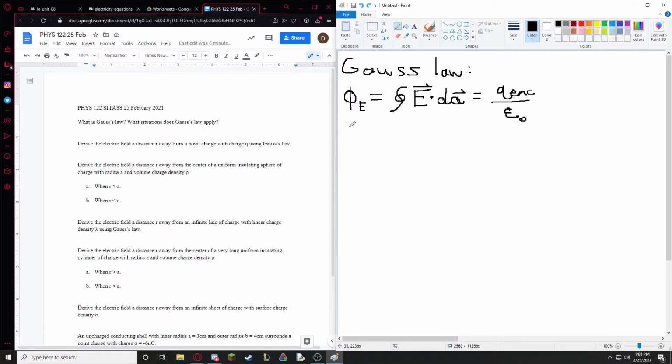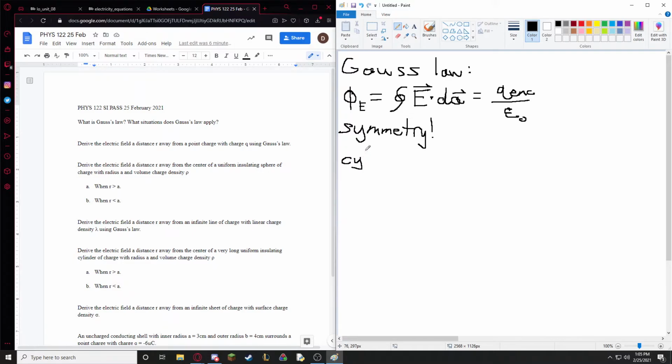Then what are our three types of symmetry we'll see in this class? There's three types of symmetry you can use Gauss's law with. They're cylindrical. Yep, cylindrical.